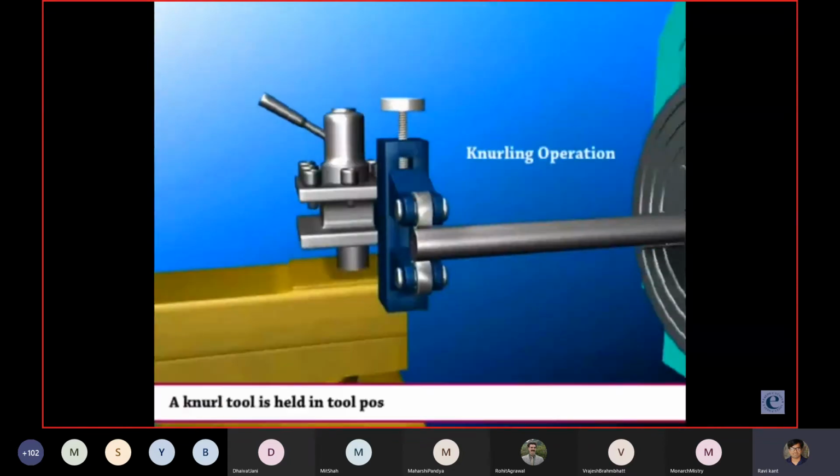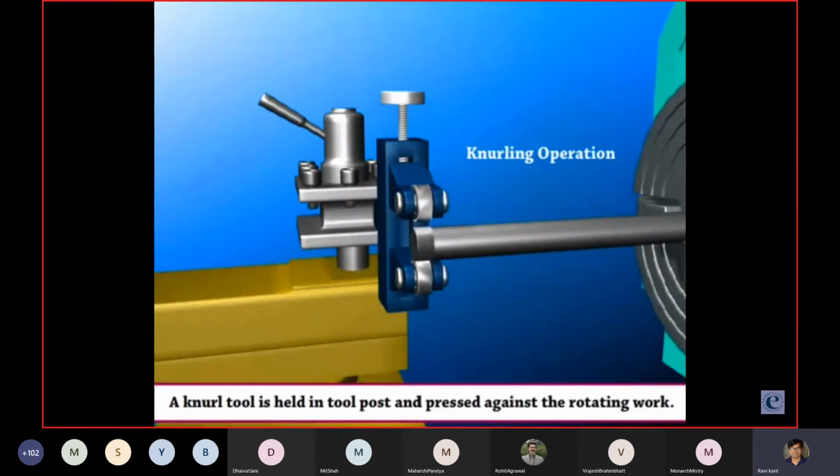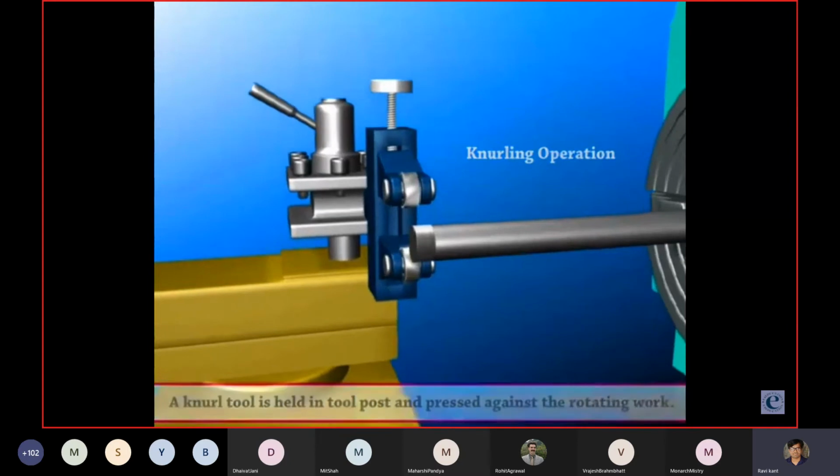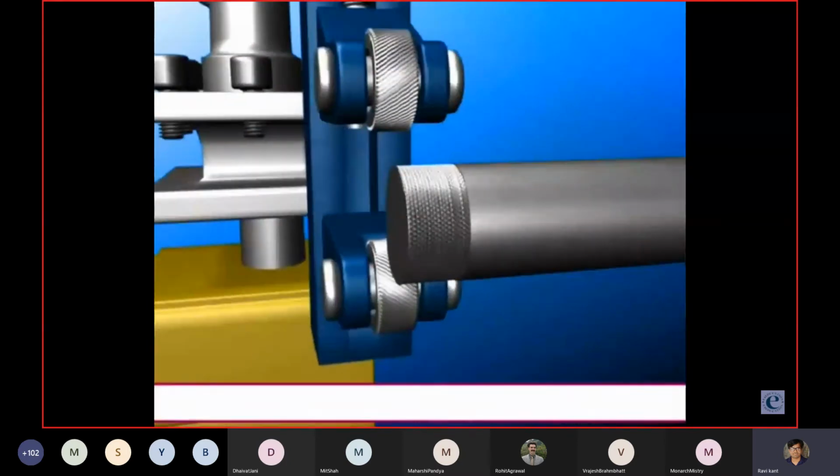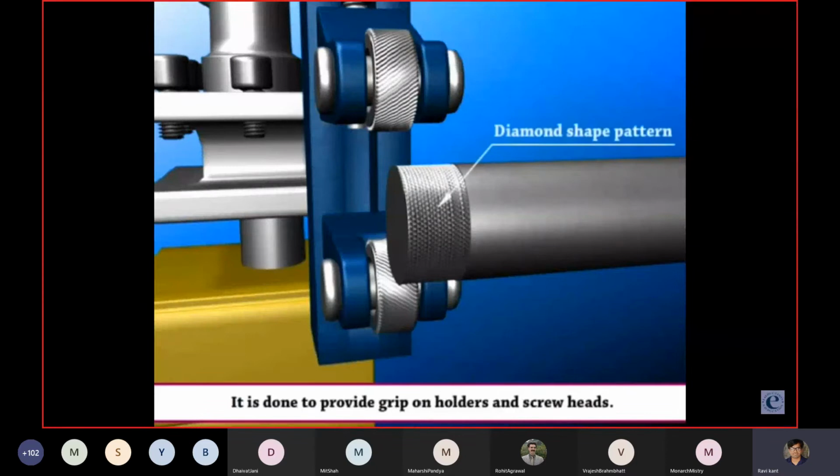A knurl tool is held in tool post and pressed against the rotating work. It is done to provide grip on holders and screw heads.